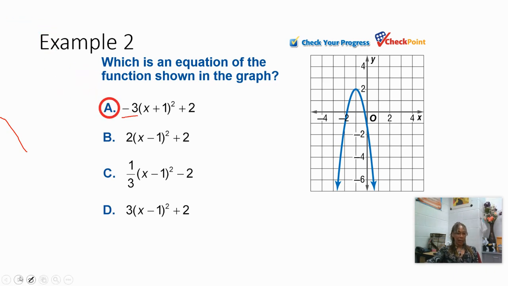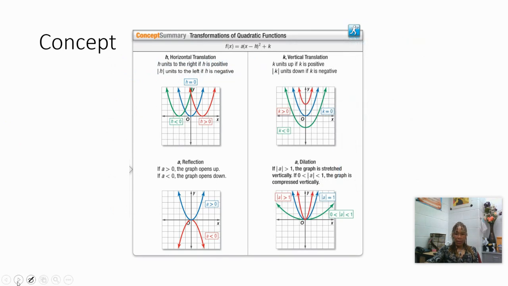All right. Almost done. This is review. I just need you to be comfortable with these things. If I have x squared and I put a +2 inside the parentheses, that thing is going to go left 2. You have to be comfortable with that.